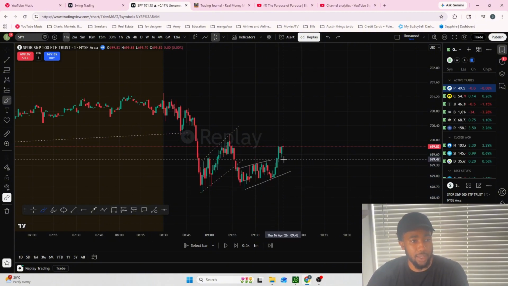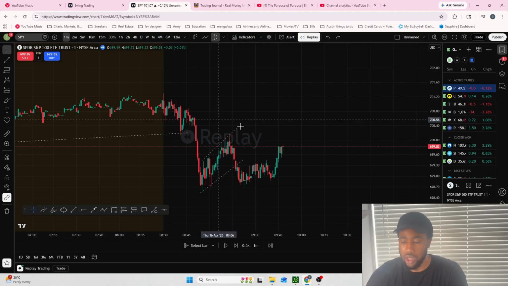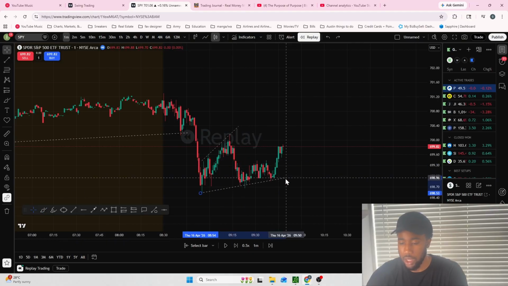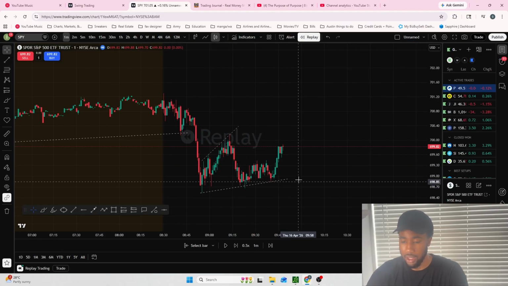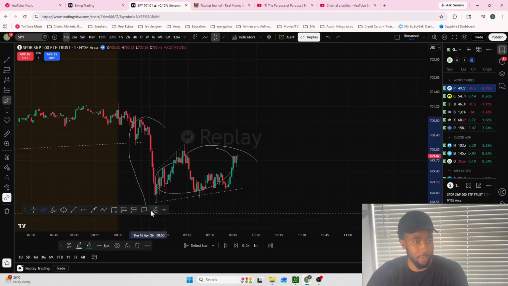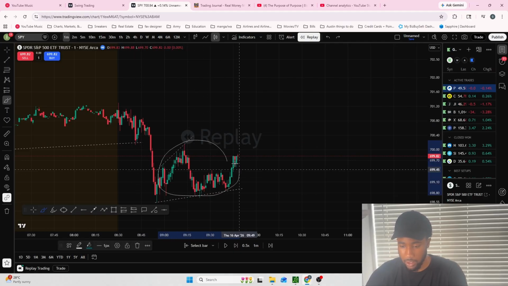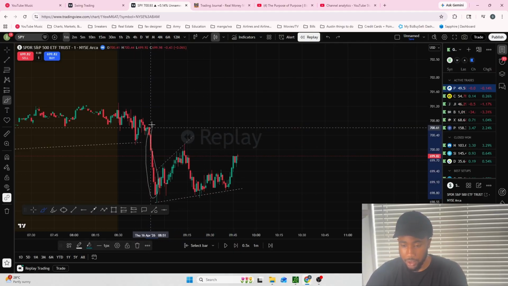As soon as this invalidates this being a continuation structure, I understand that I need to redraw what I'm looking at. And the most obvious thing was to connect the entire thing, right? Because this is obviously still in correction. This correction is still separate from this impulse.